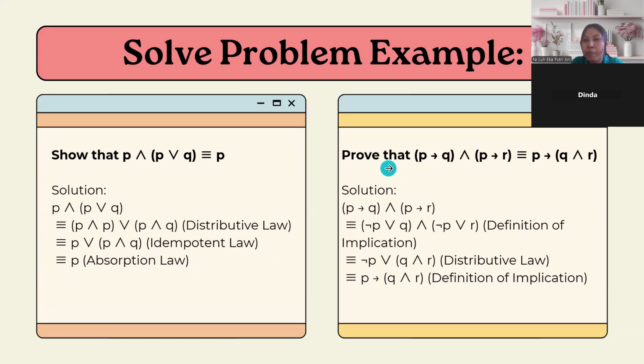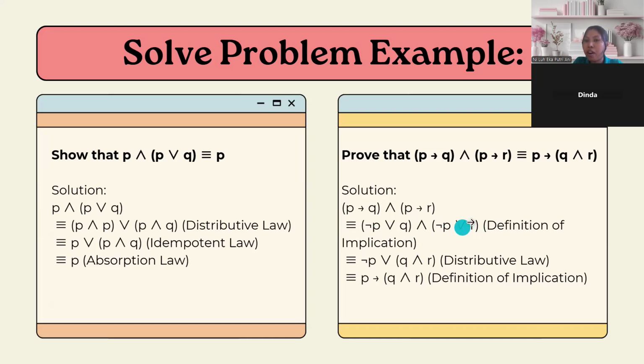Next, we also have a proof that (if P then Q) and (if P then R) is equivalent to if P then (Q and R). We get the solution. (If P then Q) and (if P then R) is equivalent to (not P or Q) and (not P or R).